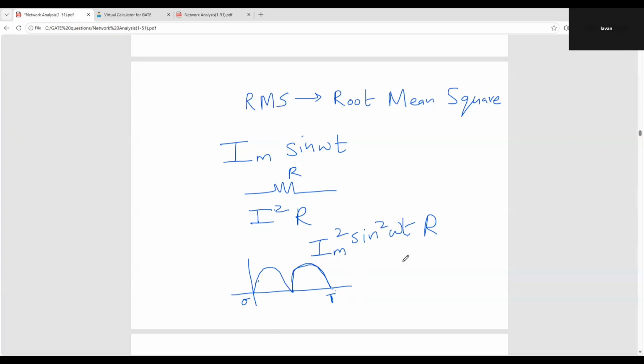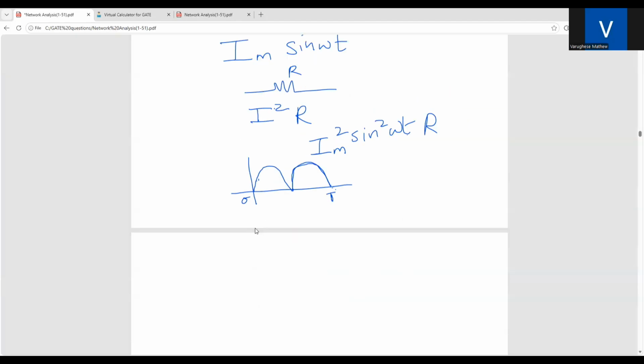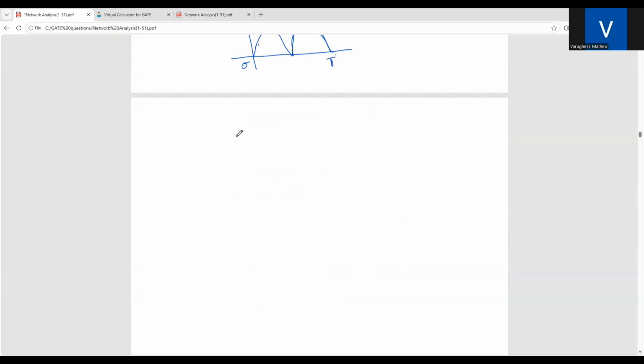So average power will be, I will have to add everything for the entire time period. So from 0 to T, Im squared sine squared omega t R dt. Okay.